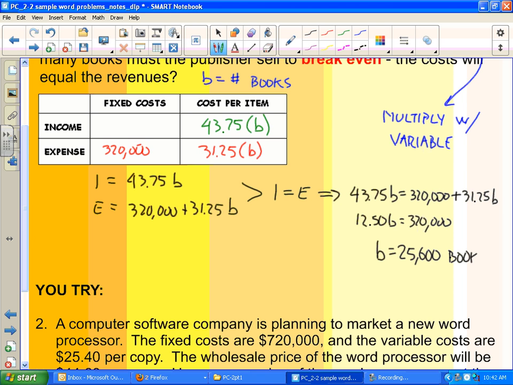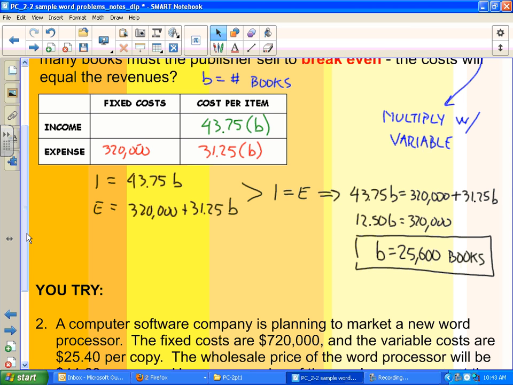Look at that. Before I even start to realize a profit, I have to sell that many books. That's a lot of books. But think about a publisher of a textbook for schools, they do that easily. Although maybe not so much anymore because things are going digital, but that's how many books I'm going to have to sell before I would break even.